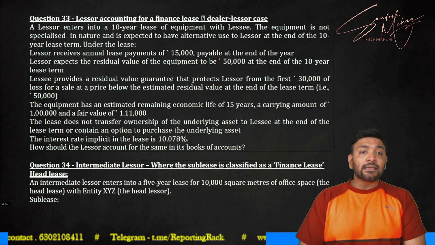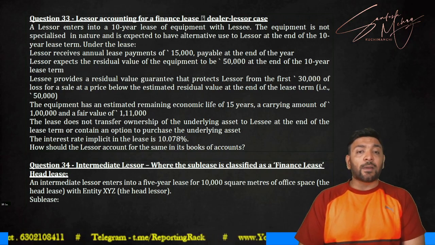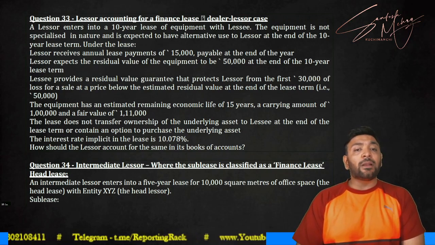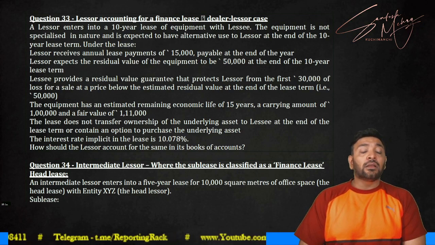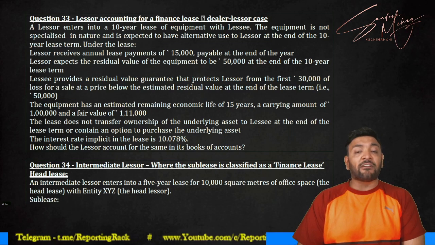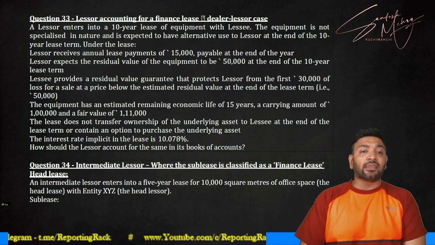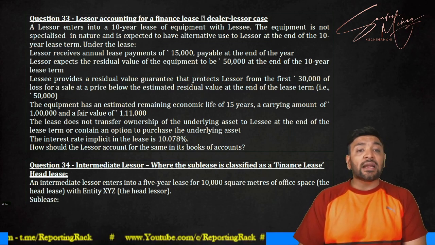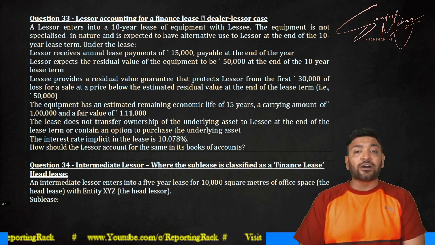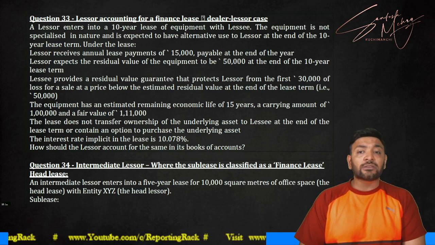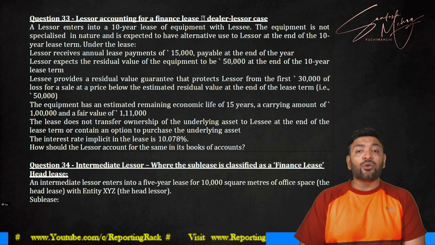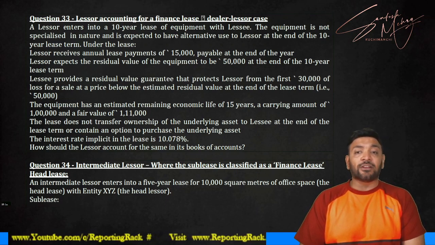Under the lease, the lessor receives an annual lease payment of 15,000 payable at the end of each year. The lessor expects that the residual value of the equipment will be 50,000 at the end of the 10th year. Lessee provides a residual value guarantee that protects the lessor from the first 30,000 of the loss at a price below the estimated residual value at the end of the lease term, which is 50,000.